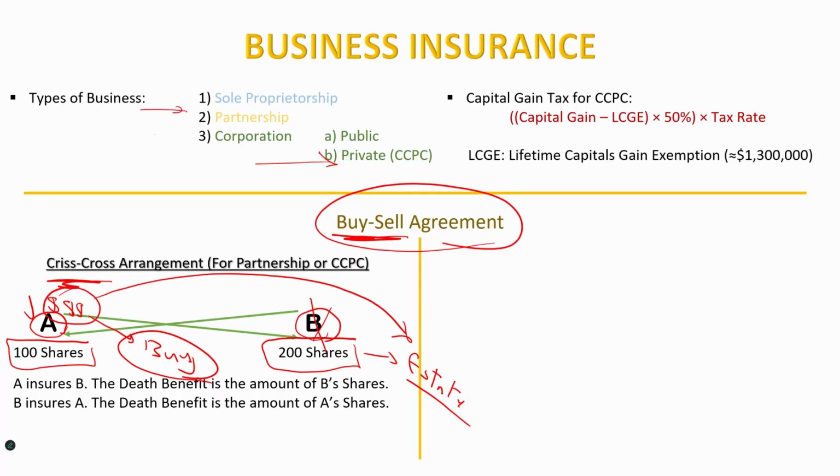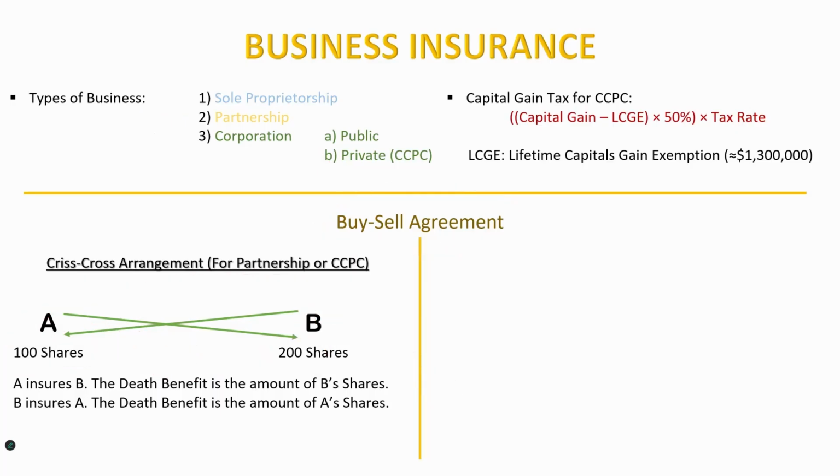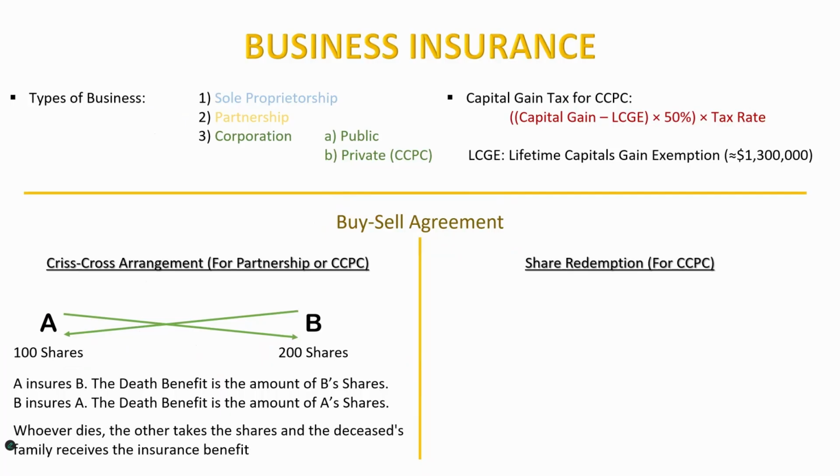All right. So now there's another one that we can do, which is only for CCPCs. All right. Which is called share redemption. In this case, it's not the shareholders that are insuring each other, because over here in crisscross, A is the policy owner and B is the insured, and then A is the beneficiary, or vice versa, right?